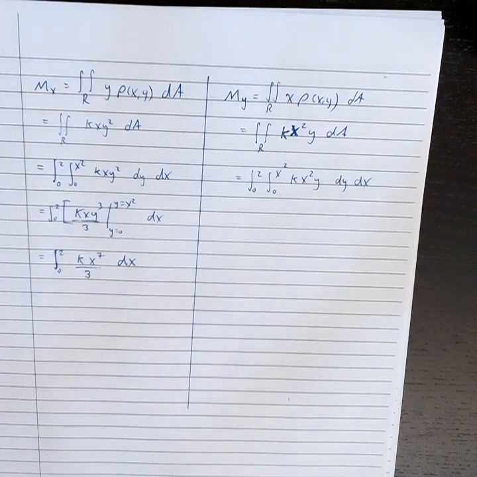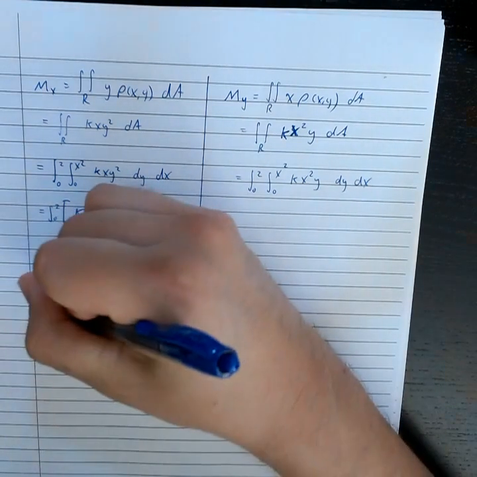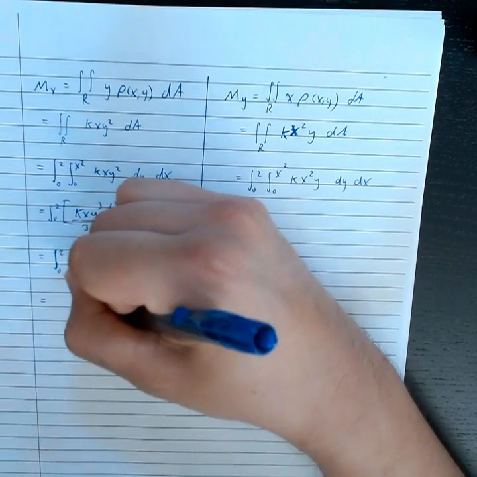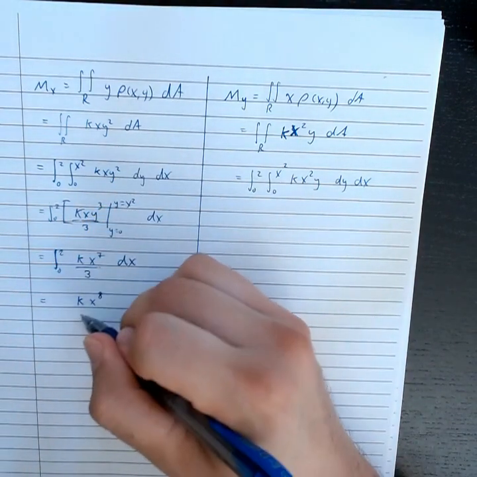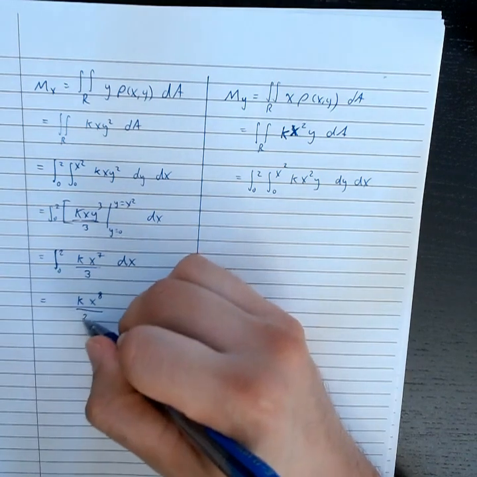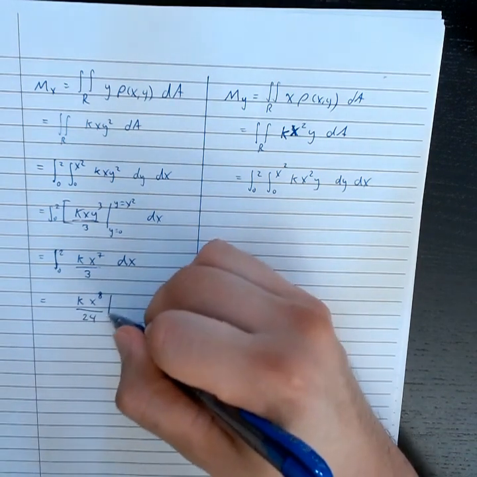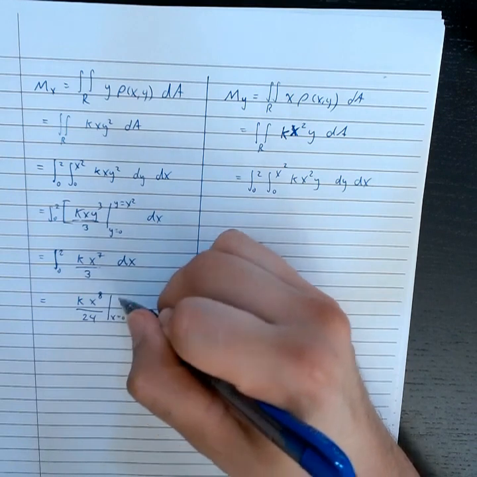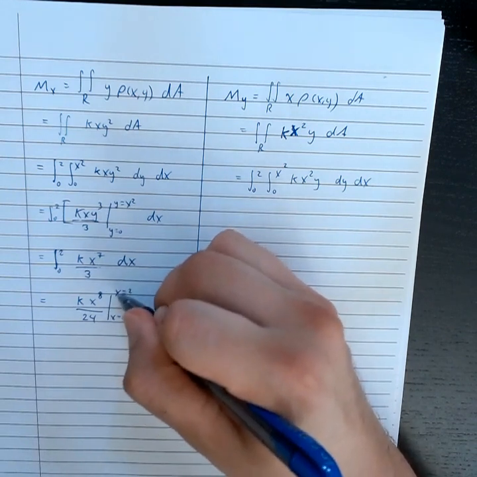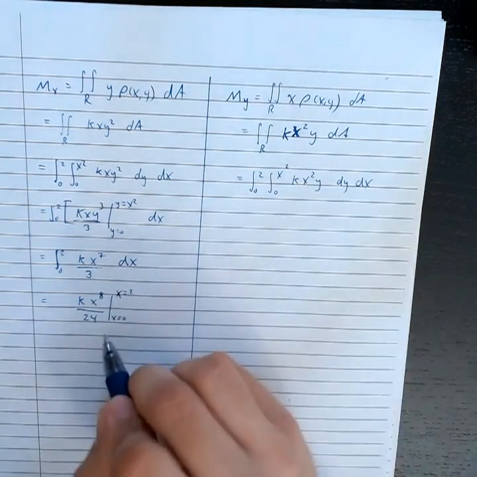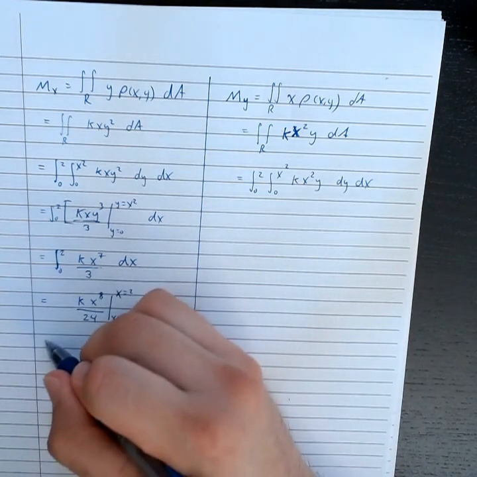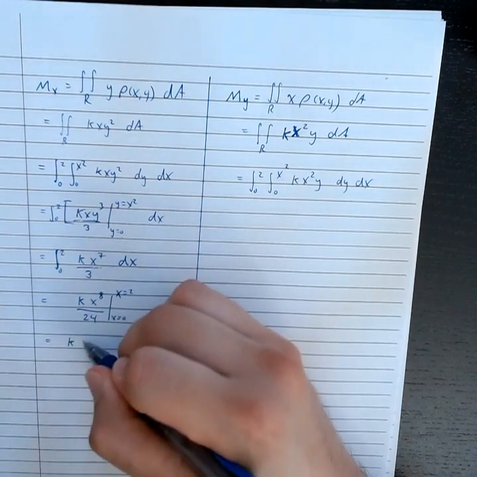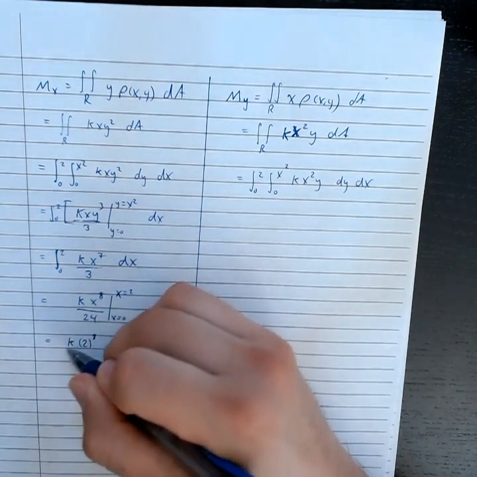And now if we integrate that with respect to x, we're left with kx to the 8th divided by 8, but there's already a 3 down there, so that's going to be 24, evaluated from x equals 0 up to x equals 2. If we substitute in 0, that makes the whole thing 0, so we don't worry about that one. Let's just worry about substituting in 2. 2 to the 8th power over 24.